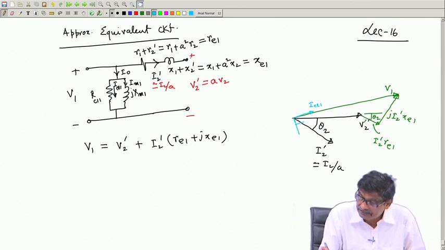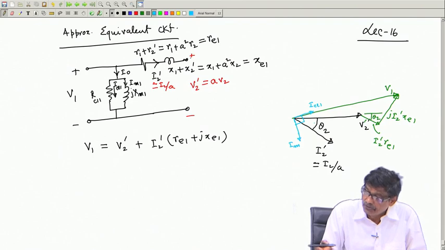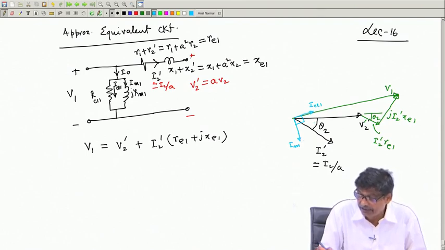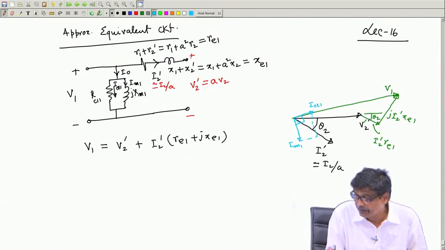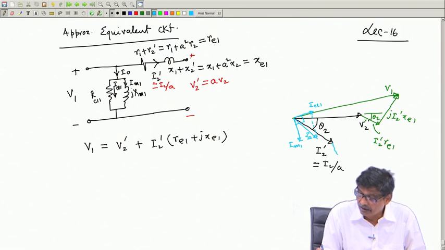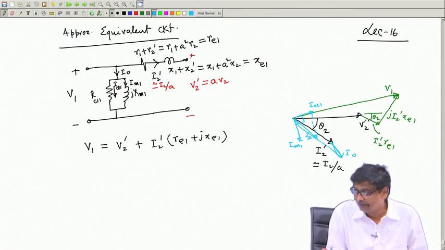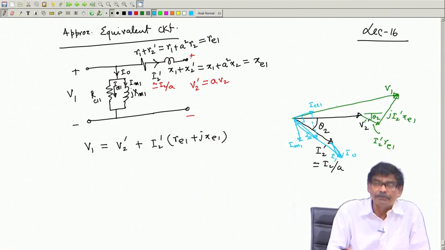So, this angle will be 90° as per the approximate equivalent circuit. And if you wish to calculate where your I 1 will be, that is what I am doing. So, I m 1, and then add this to get your I 0. To I 2 dash you add this I 0 to get I 1, and input power factor will be the angle between V 1 and I 1. I think you have got the idea.